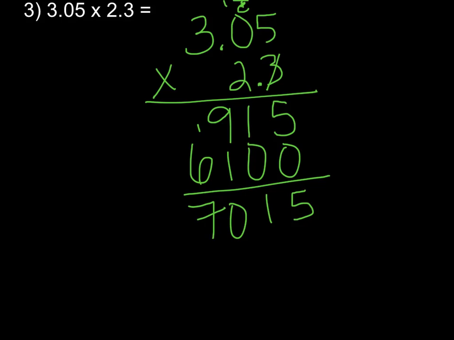Alright, we get 7015. Now let's figure out where the decimal is placed.